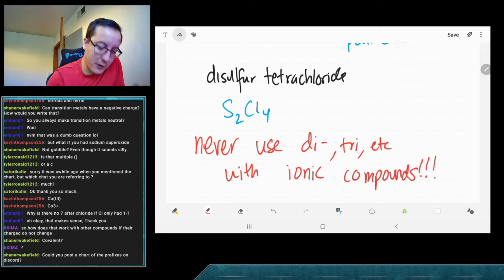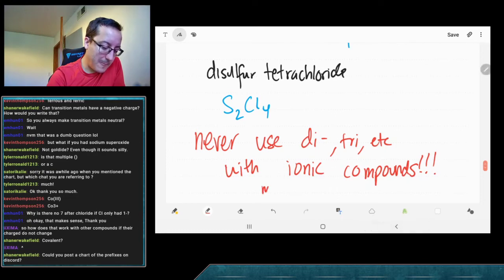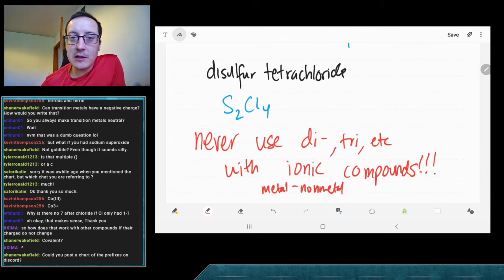One thing to note, we are never going to use di, tri, or whatever with ionic compounds. That would again be our metal, non-metal. We only use di, tri, tetra, whatever with non-metal only compounds, covalent compounds. Ionic compounds we do not name this way. A lot of you will fall victim to that.